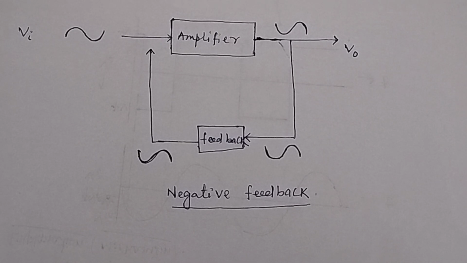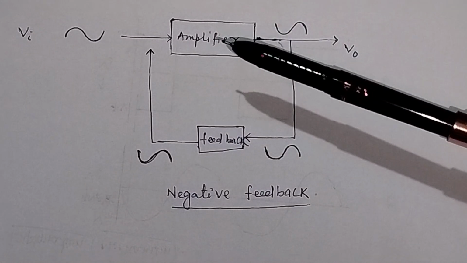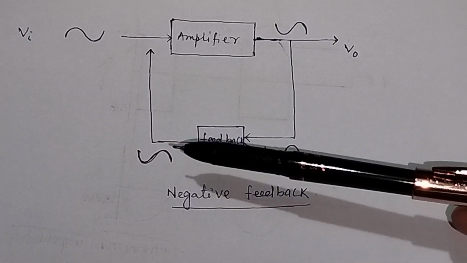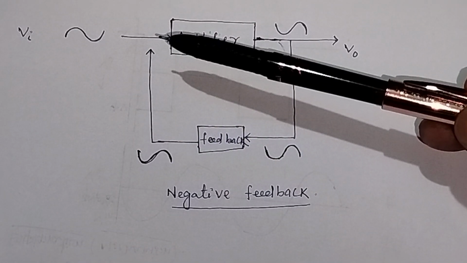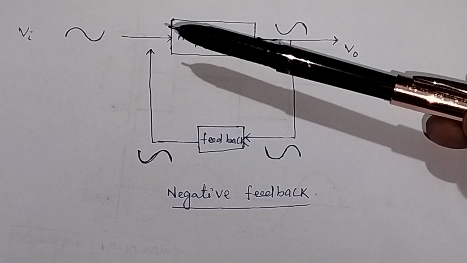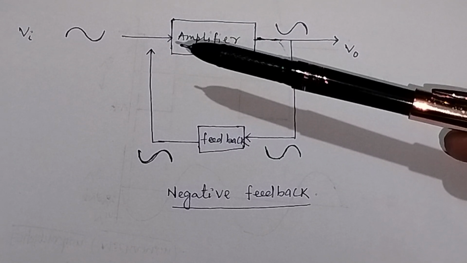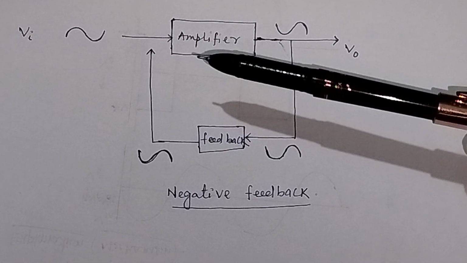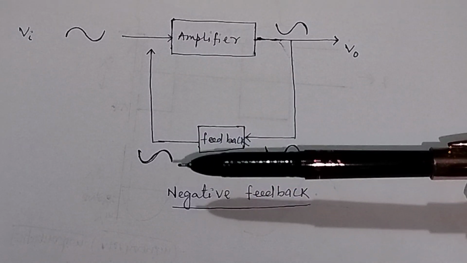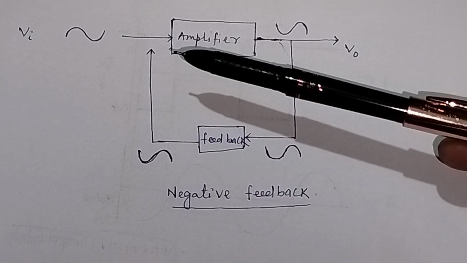And why is negative feedback used? Because the gain of the amplifier decreases. Since the feedback energy is out of phase with the input signal, the gain of the amplifier decreases. Because gain is equal to output by input, here the input signal is reduced.